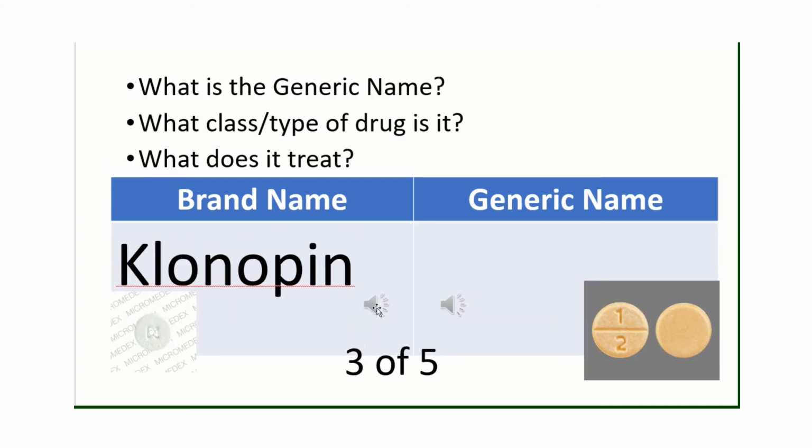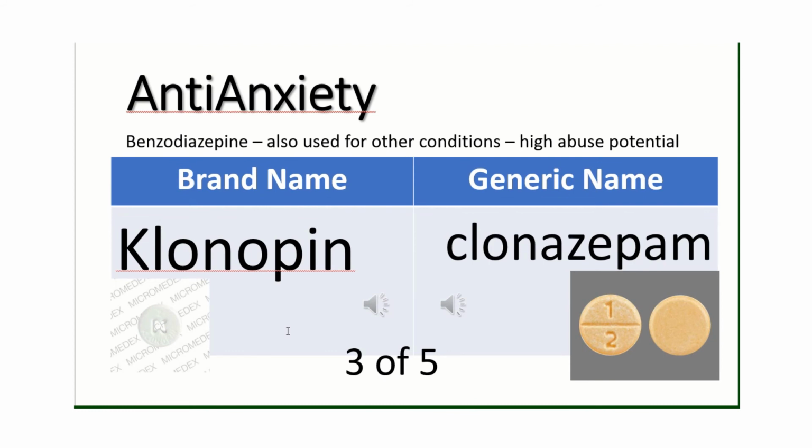What is the generic name for Klonopin? What type of drug is Klonopin? What does Klonopin treat? The generic name for Klonopin is clonazepam.